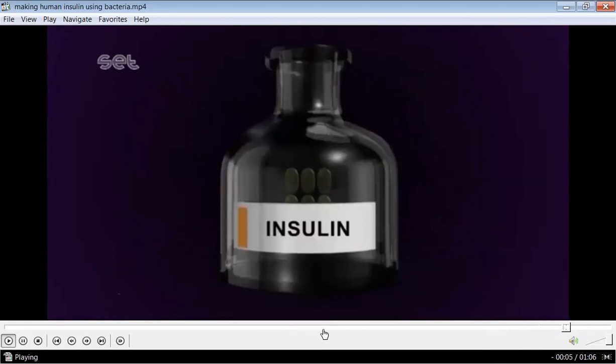How do they know which gene is the insulin gene? Each gene has its own structure, its own code, because genes are like codes. So they can test and extract exactly the genes that they want.